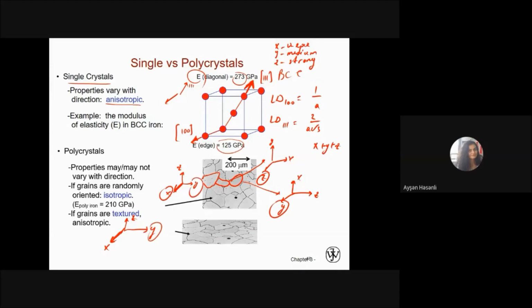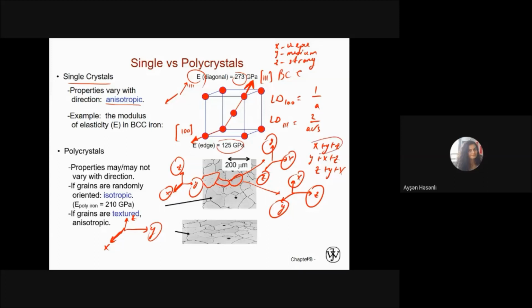I have Y, X, and Z. Again, I will have some average value. The third time, I am measuring in this direction. What do I have? Z, Y, and X. If you see, when we have a polycrystal, we are taking an average value of all grains.